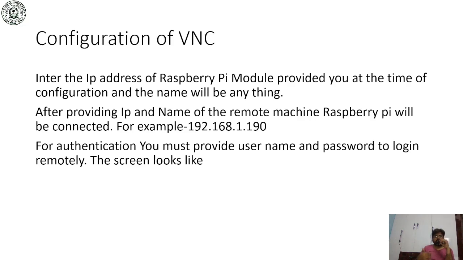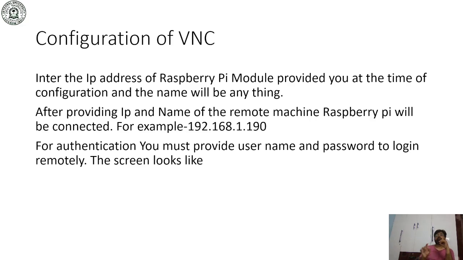And after connection, you have to authenticate yourself as a legitimate client. In that case, you have to provide the username and password. I showed you in the earlier video that at the configuration time I entered the username and password, and I noted down that username and password, and it will be entered here when we are going to use the Raspberry Pi.